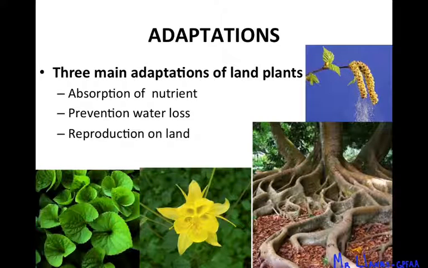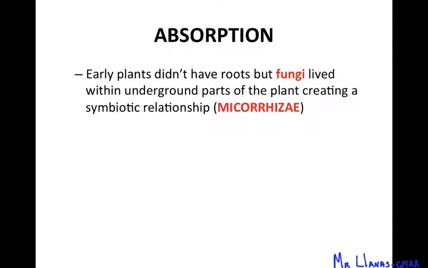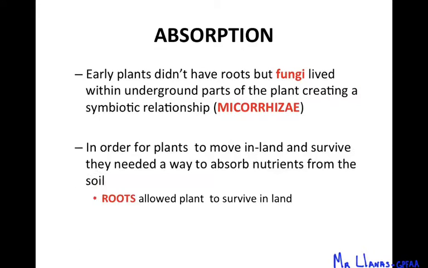As they move away from it, well, they had to develop different structures and different adaptations in order to survive. So the first one, when it comes to the absorption of water, they developed something called mycorrhizae, which is a relationship between fungus and the roots that helps plants absorb more water.